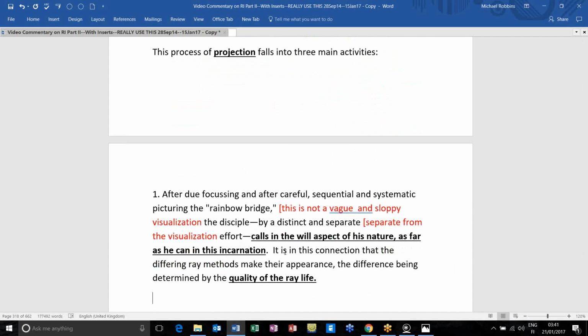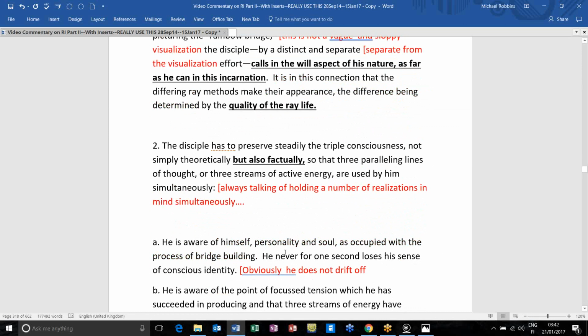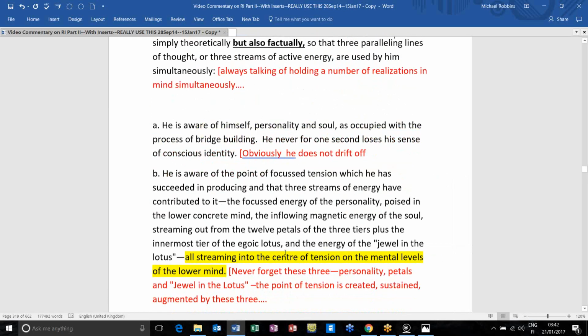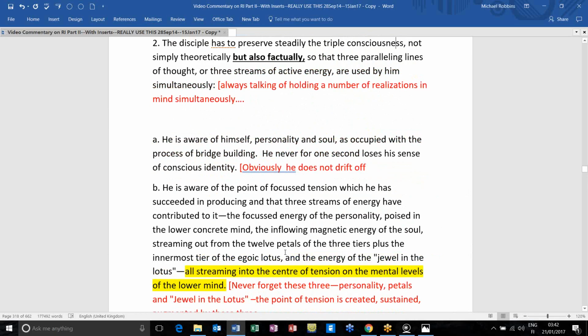The necessity of calling in the will aspect, the realization of three constant factors: that he is who he is doing the building, and that the various factors are streaming into the point of tension he is creating, and it is created because of a triple inflow.